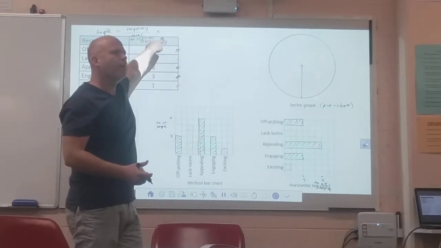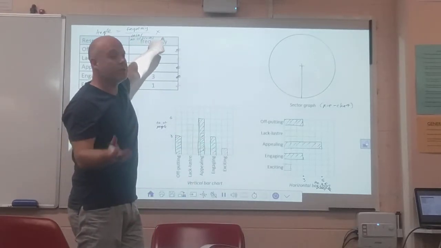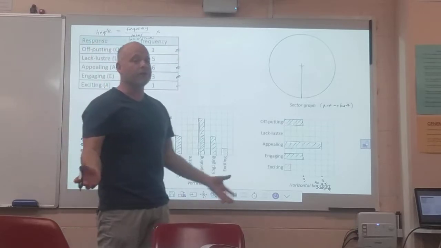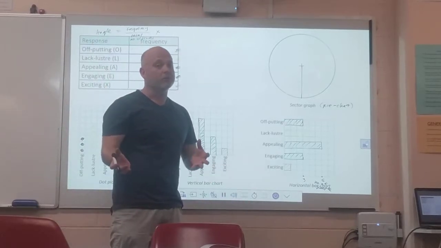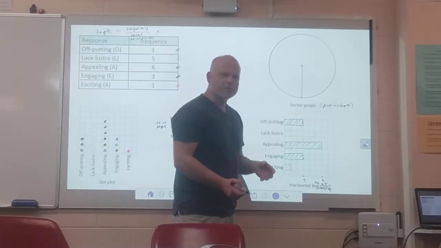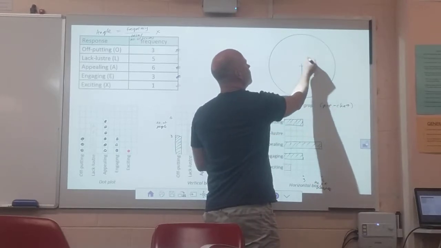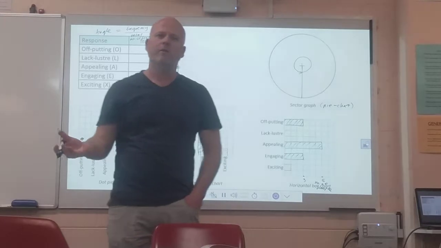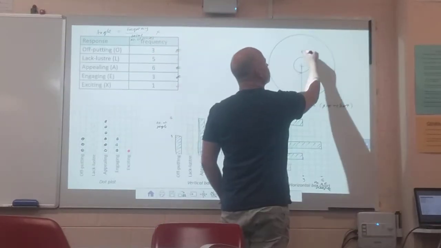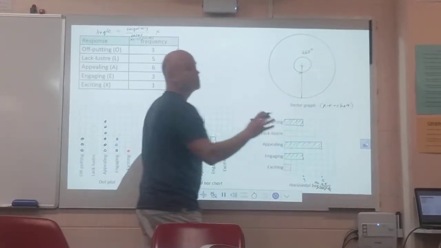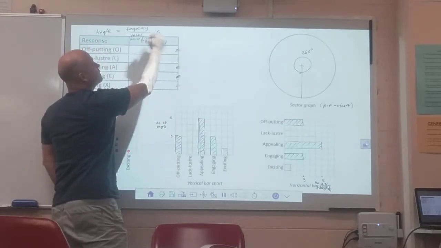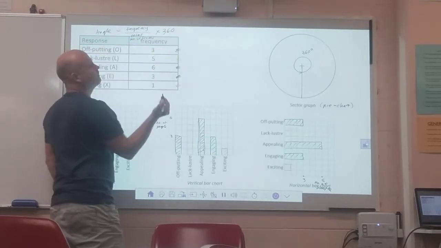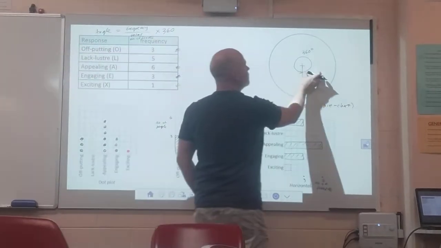If we were working this out as a percentage, we multiply by 100 and we get the total out of 100. What's that number? It's got to do with the circle. We go all the way around the circle. We want to work out how many degrees. Well, going all the way around is 360 degrees. So we multiply this by 360. Okay, so let's do that.